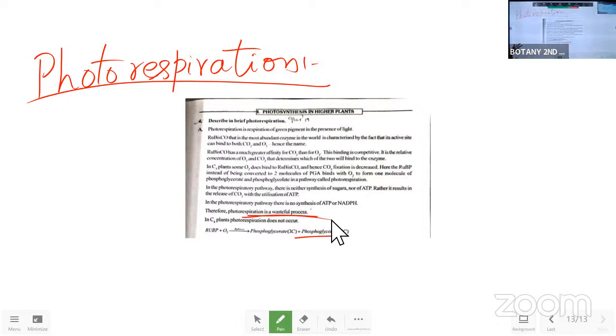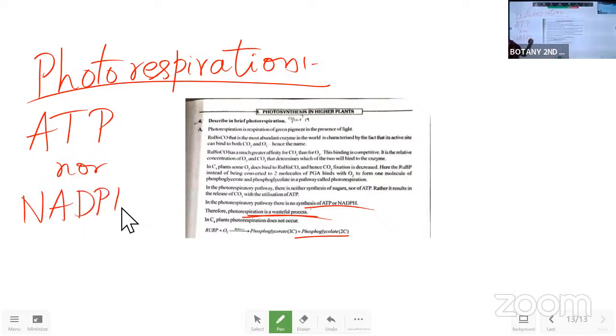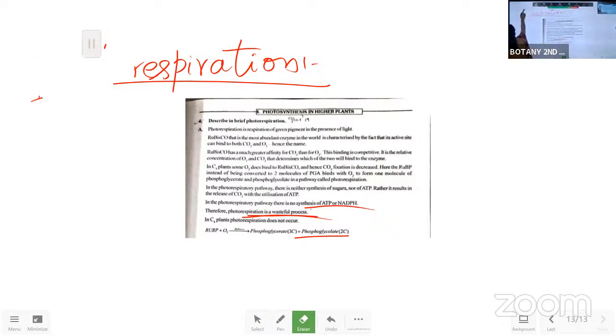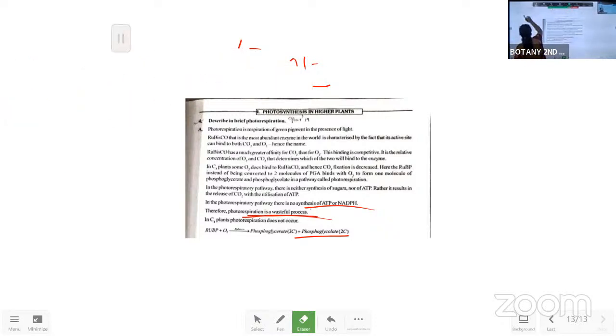That is the most important point. And during this process, there is no synthesis of ATPs nor NADPH2s. There is no formation of these. With this, no energy is gained for the plant body. So this much you have to write in photorespiration. Then you will get 4 out of 4 for this question.